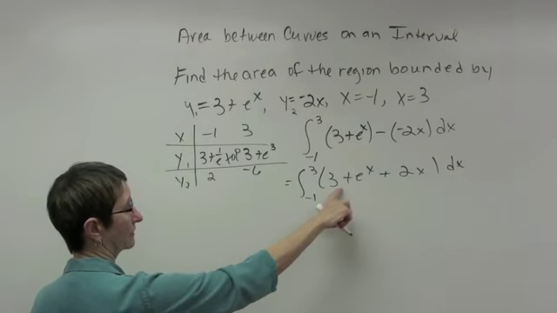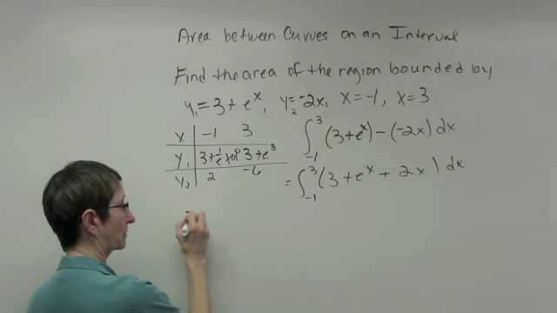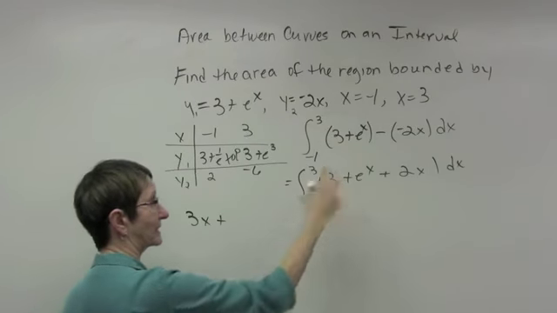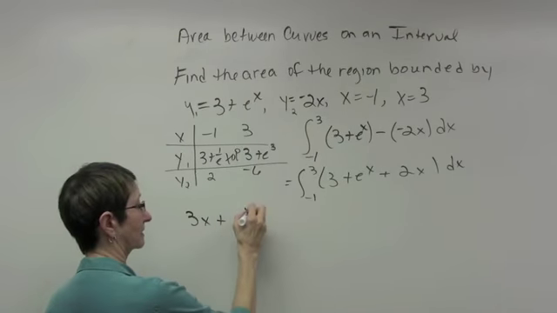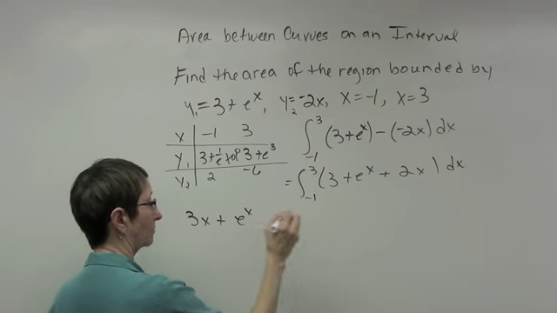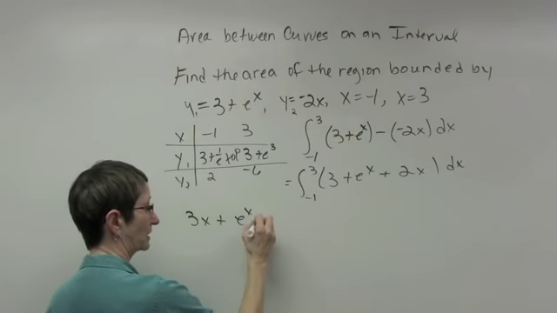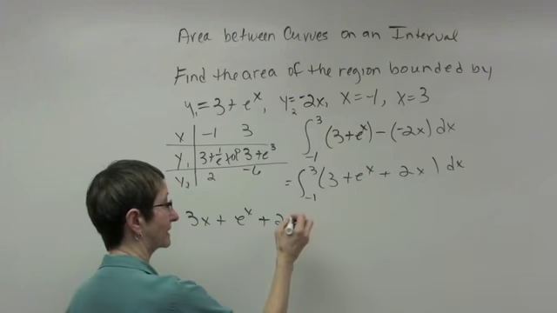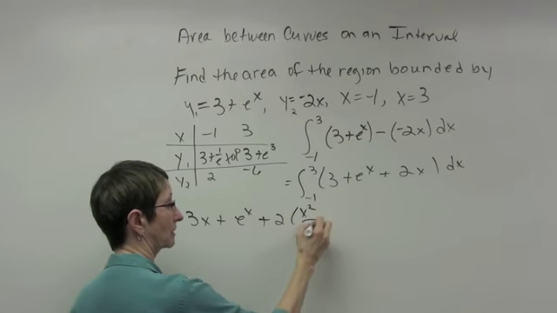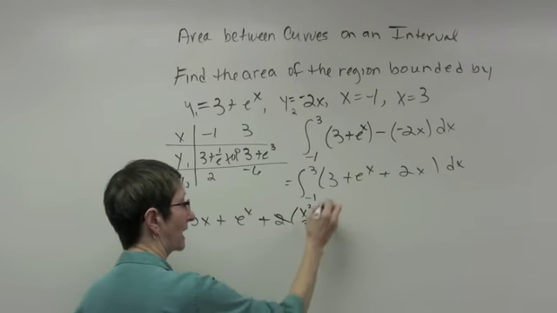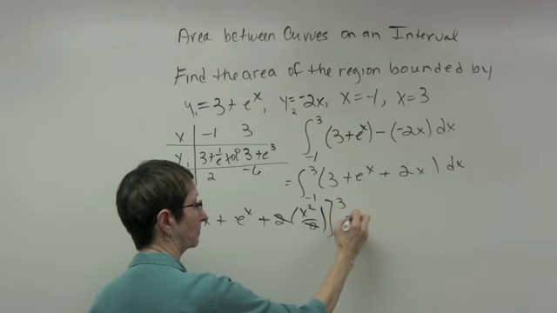So the antiderivative of a constant 3 would be 3x, plus e to the x is the same thing, plus 2 times the antiderivative of x, x squared over 2, and that now goes from -1 to 3.